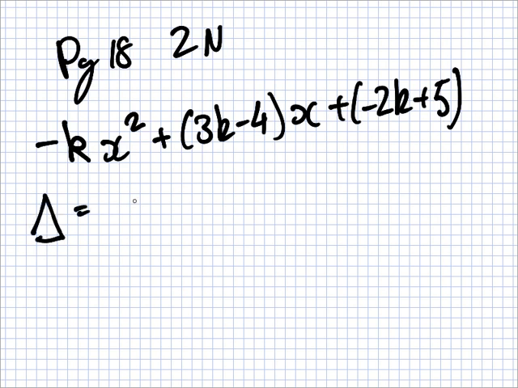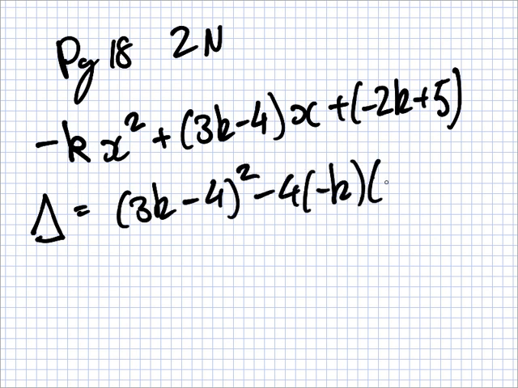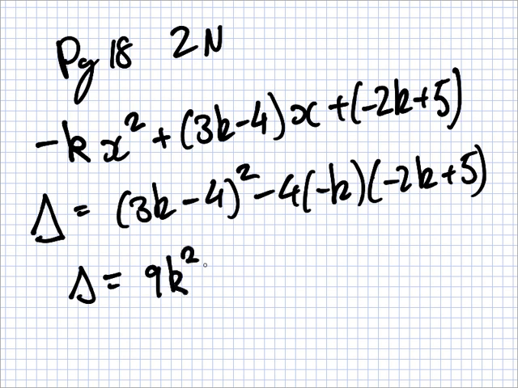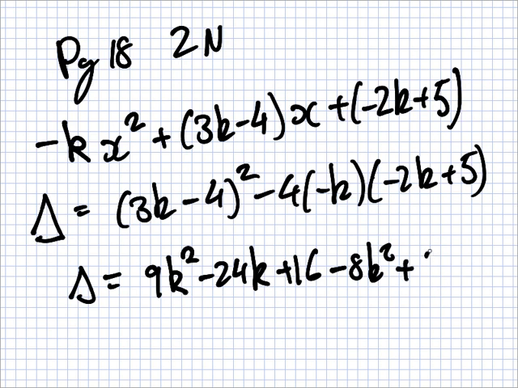Discriminant is b squared minus 4ac. So if you were to multiply that out, what would we get? We'd end up getting 9k squared minus 24k plus 16 minus 8k squared minus plus 20k.